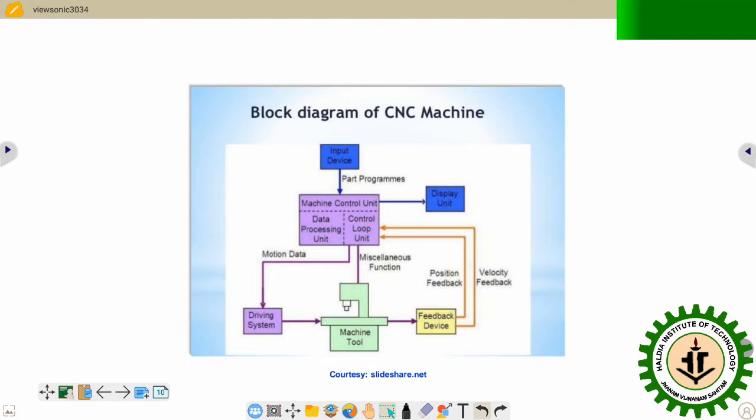First, you see there is an input device. Once you prepare the part program, it has to be transferred to the machine control unit for decoding, so that whatever we have written can be understood by the machine.